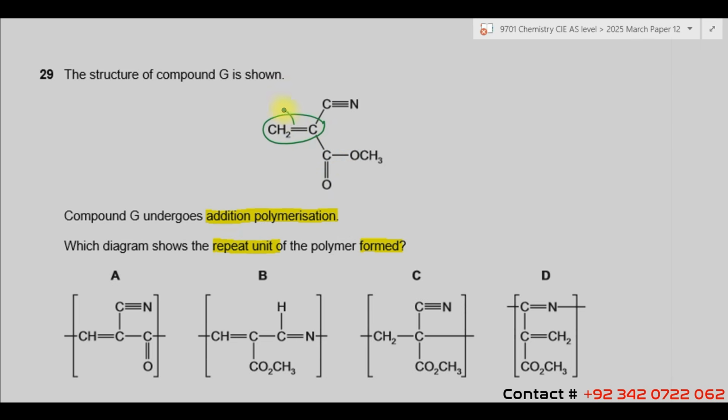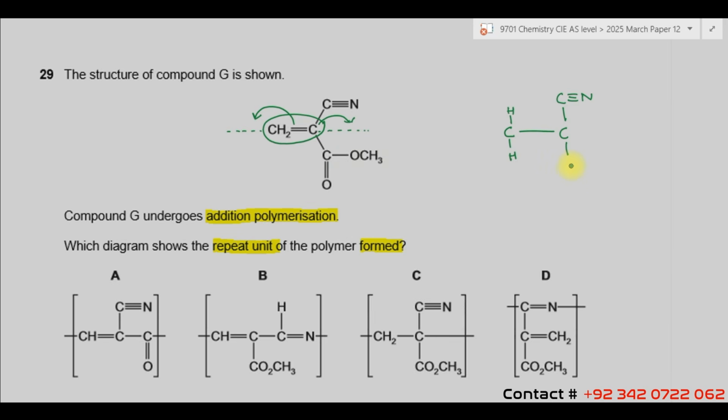So in order to make a bond, this pi bond is broken and one bond is formed on the left side, one bond is formed on the right side. So that will be the repeat unit. Let me draw this. We have CH2, CH, the double bond converted to a single bond, and this CN is a side group.